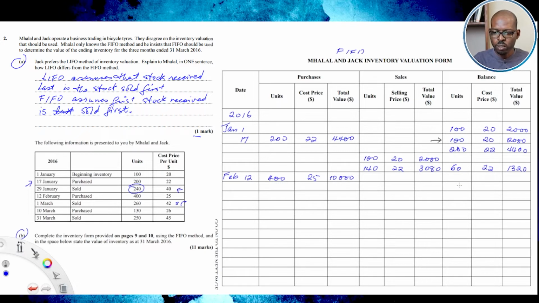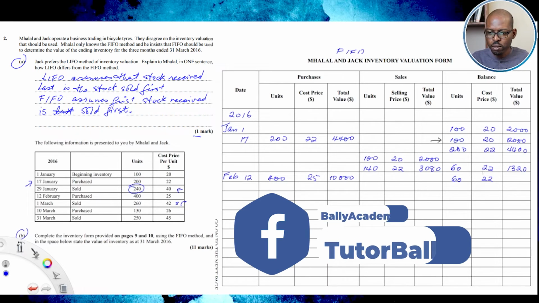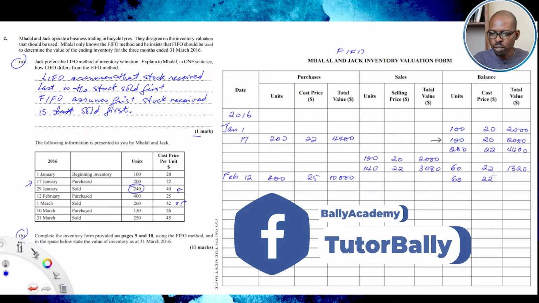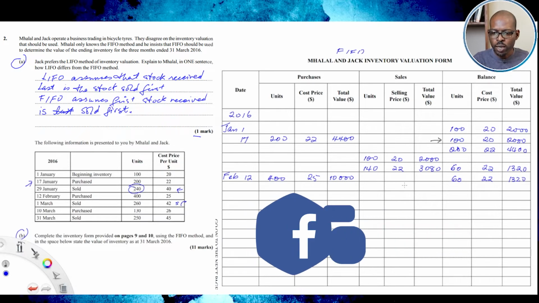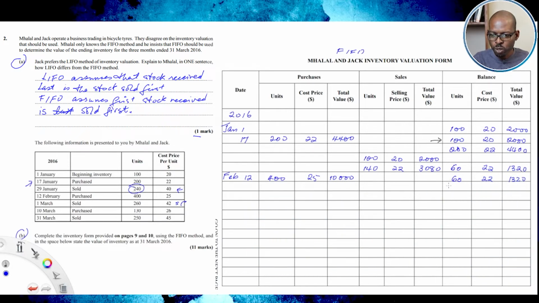Excellent. So what is our new balance? Our new balance will be from, all right, so we're bringing down our 60 at 22, 1320, and we are adding to that what we just purchased, 400 at 25, which gives us 10,000.